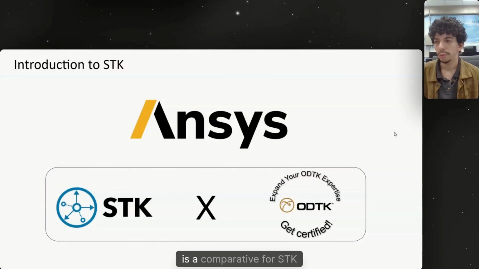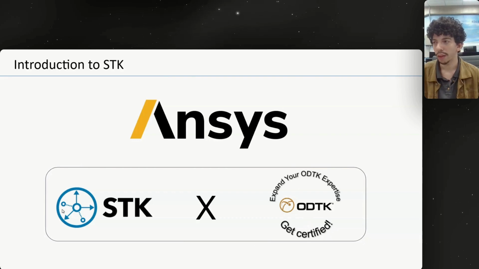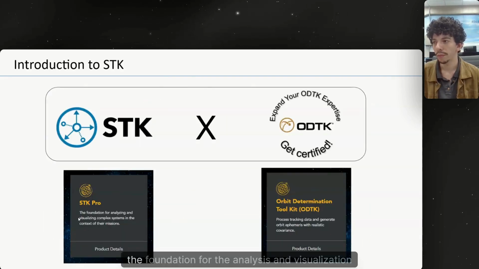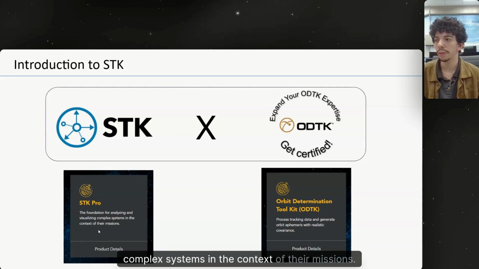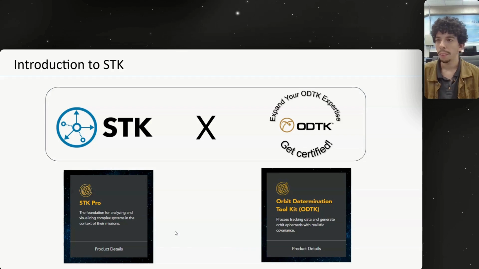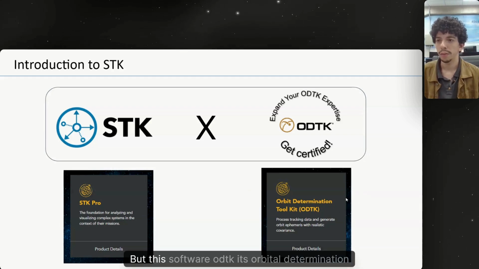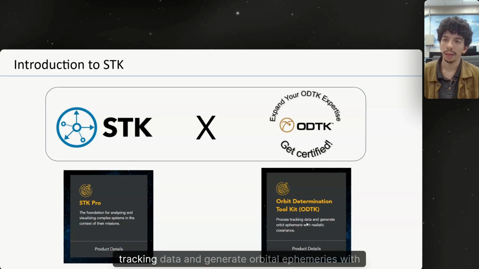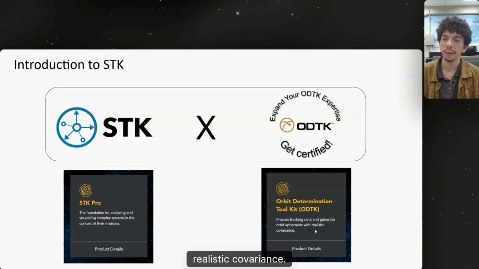And this is a comparison between STK and ODTK. In this software, the foundation is the analysis and visualization of complex systems in the context of their missions. But ODTK, the Orbit Determination Toolkit, processes tracking data and generates orbital ephemeris with realistic covariance.